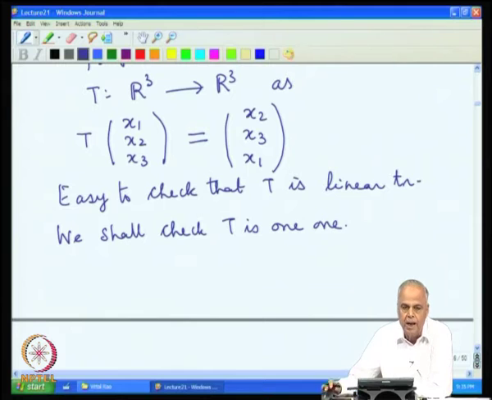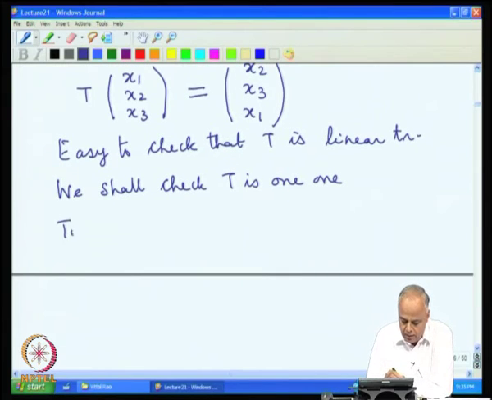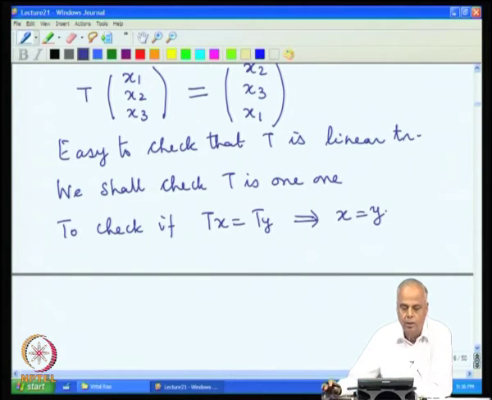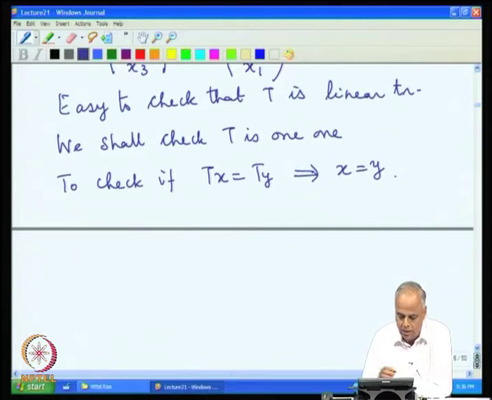What do we have to check? We have to check if T x equal to T y implies x is equal to y. This is what we have to check. So, let us check that. Now, what does T x equal to T y mean?